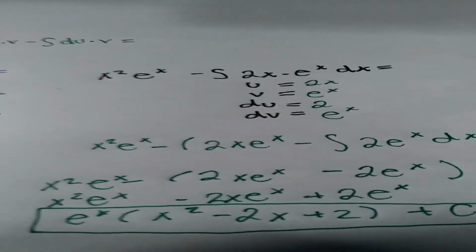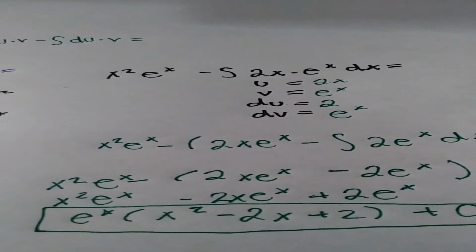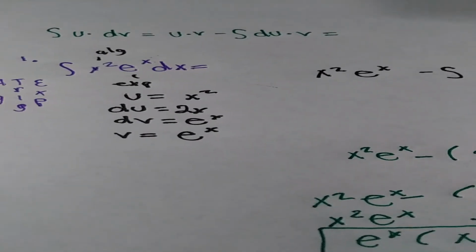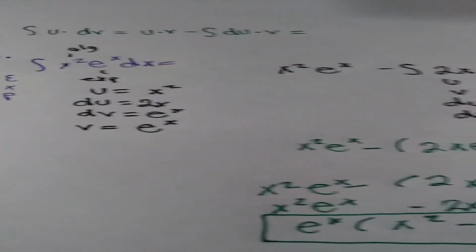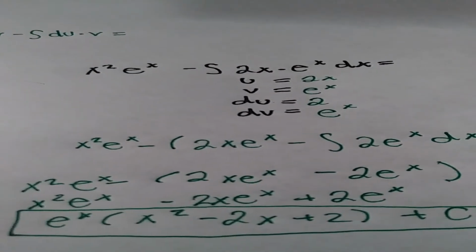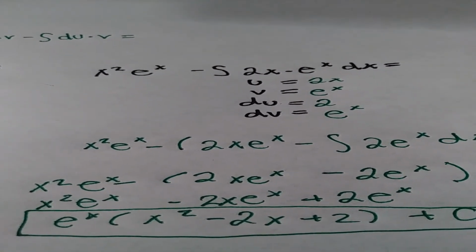Don't forget your constant. That's what the integral of x squared e to the x would be, and it requires you to use integration by parts twice, and that would be your final answer.